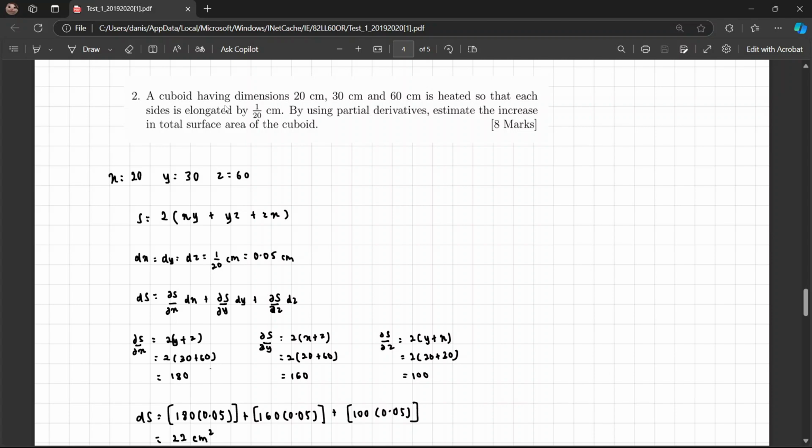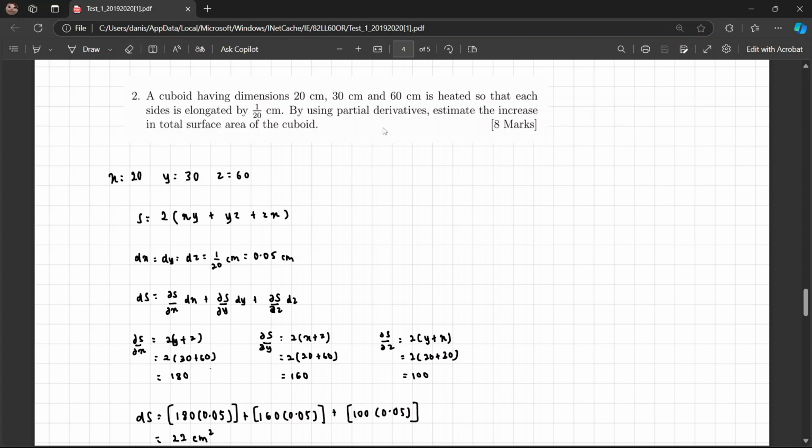A cuboid having dimensions 20 cm, 30 cm, and 60 cm is heated so that each side is elongated by 1 over 20 cm. By using partial derivatives, estimate the increase in total surface area of the cuboid. So we know that x is equal to 20, y equals 30, and z is 60.